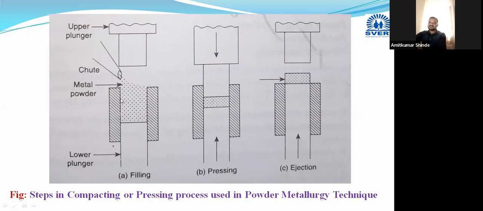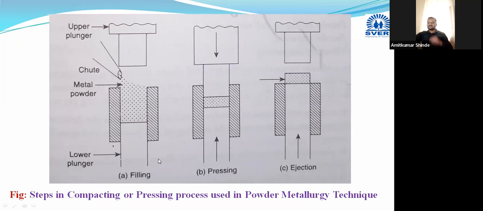We can adjust the volume of the mixed powders. Then after filling it completely, with one sweep of this feed shoe or hopper, it is leveled. So this is the filling stage.